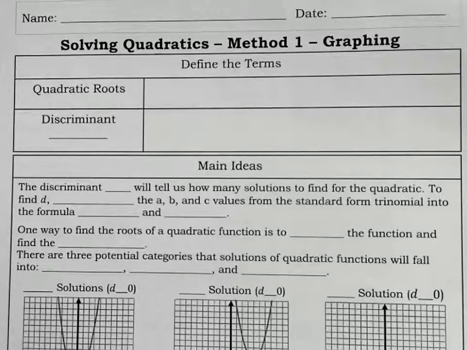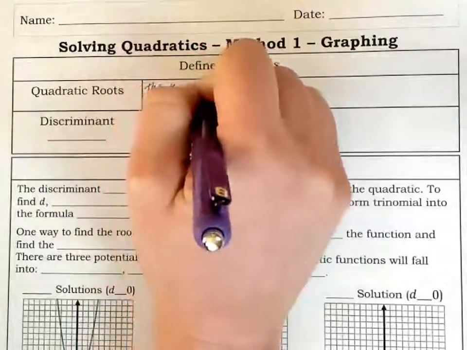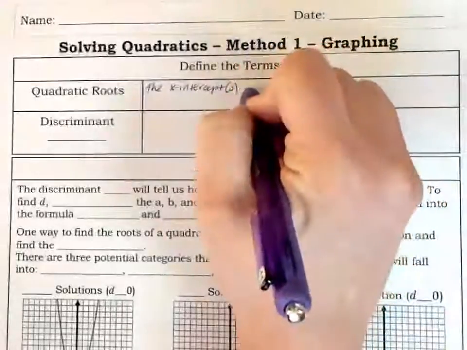When we're solving a quadratic, you might hear that solution called a few different names. One of the names that they use is a quadratic root, and all that it is is the x-intercept, or intercepts, because remember there could be more than one, of the parabola.